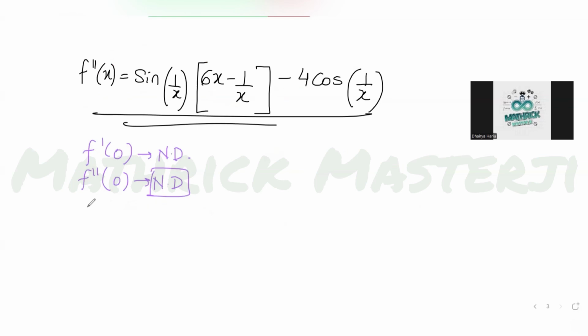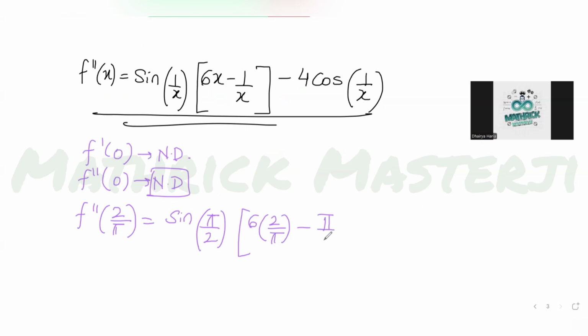So let's put f double dash at 2 over pi. If I put x as 2 over pi, here I get sine of 1 over 2 over pi, so that makes it sine of pi over 2. 6 times 2 over pi minus 1 over 2 over pi, so that will again become pi over 2, because 1 over some fraction will basically get inverted, minus 4 times cos of 1 over 2 over pi, which is pi over 2 again.